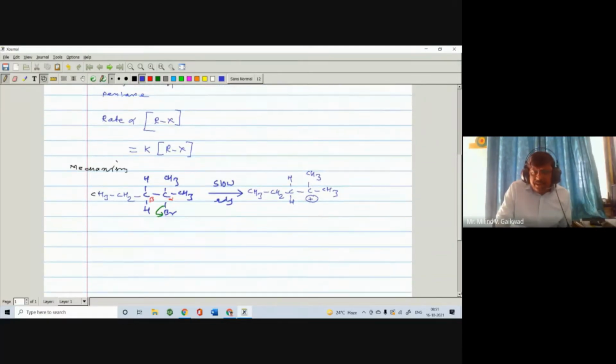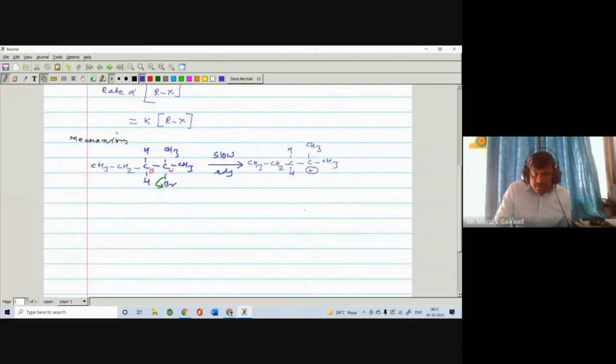This carbocation reacts with the base. The base we have taken here is sodium ethoxide, Na plus O C2H5. This base abstracts a proton and this sigma bond will shift here.